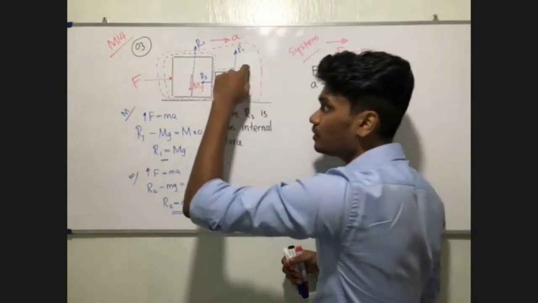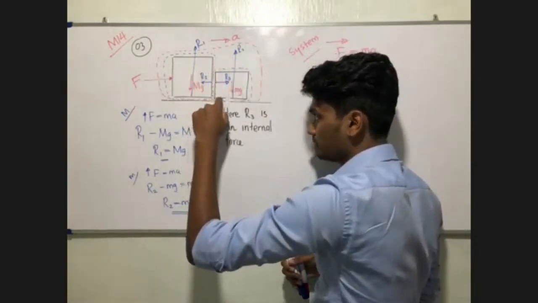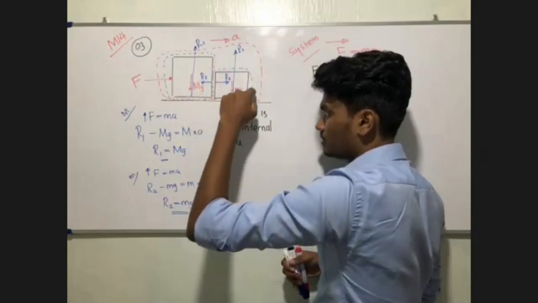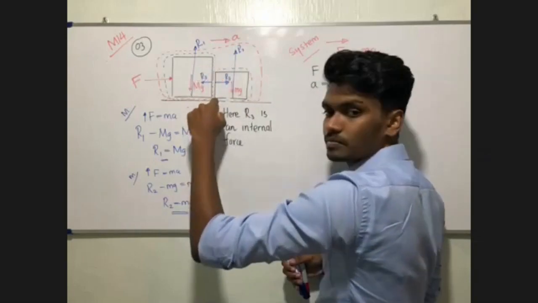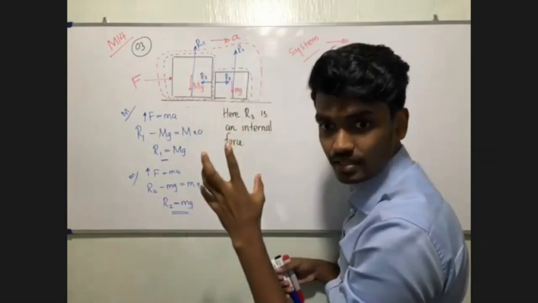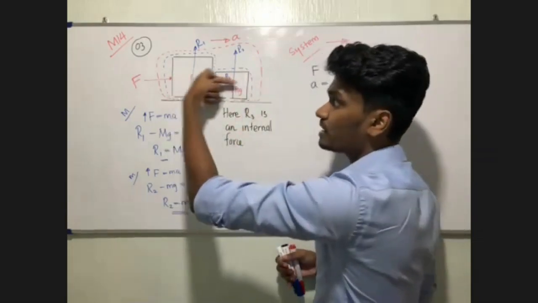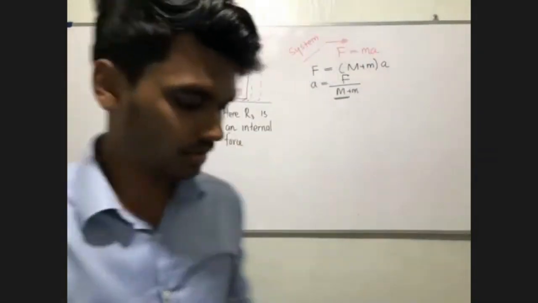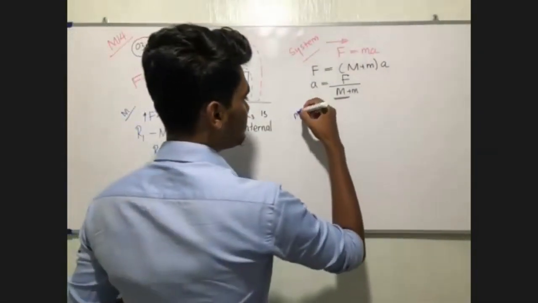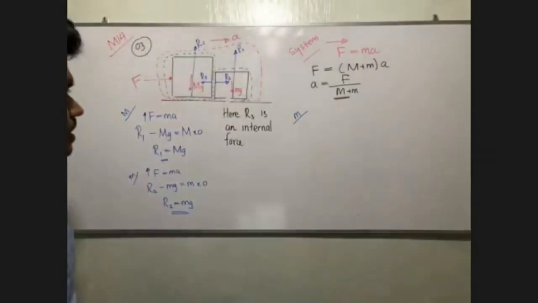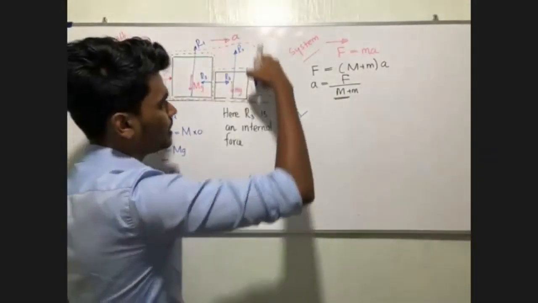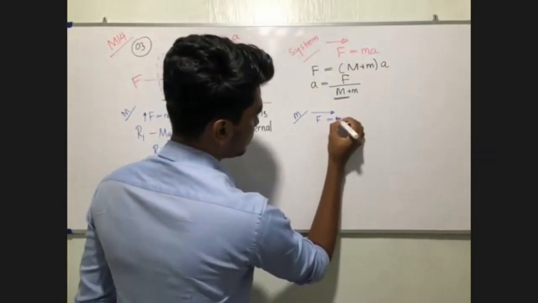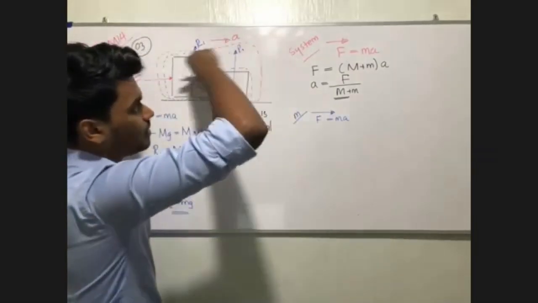So in order to find the magnitude of R3, I'm going to consider only small m. Let us consider small m, and let us apply F equals ma horizontally.